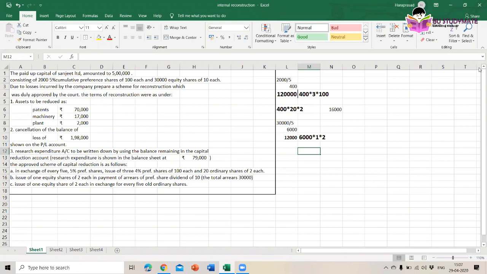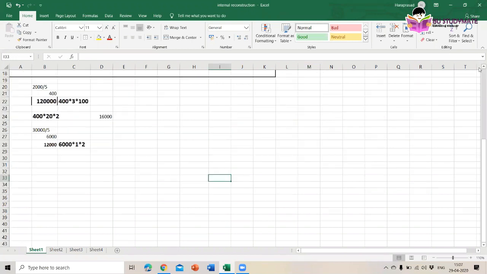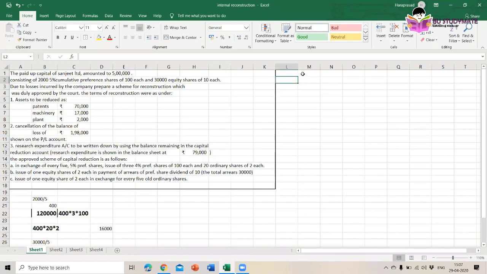So first we have to write the journal entries. For that, the A1, what it is saying is that in exchange of every 5% preference share, issue of 4% preference shares of rupees 100 each and 20 ordinary shares of 2 each.